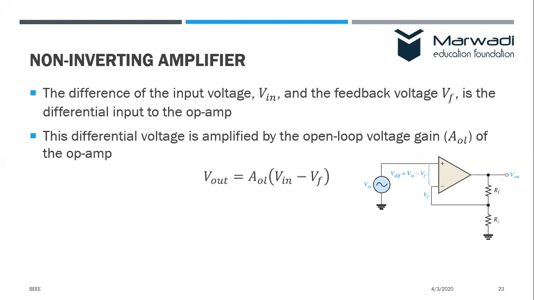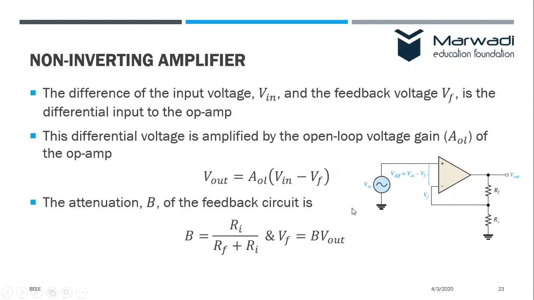Now the differential voltage is amplified by the open loop voltage gain, right? Here we have the open loop voltage gain. So Vout is equal to the open loop voltage gain into (Vin minus Vf), right?